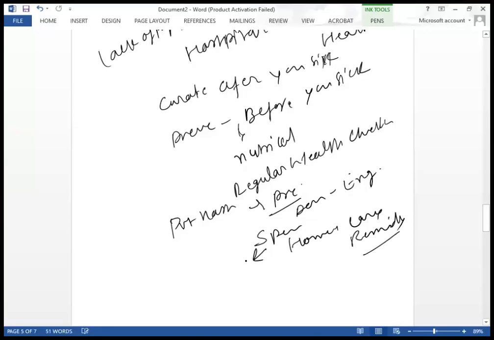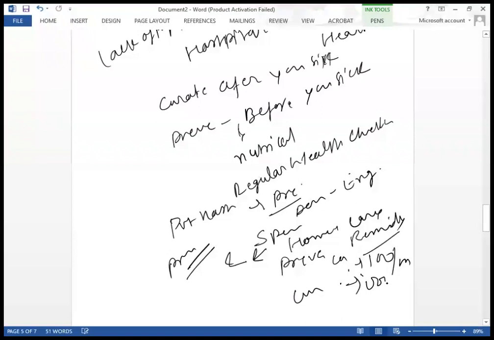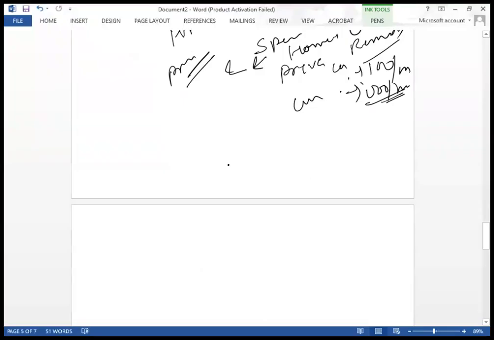So they are also part of this propaganda. There should not be preventive care, because if preventive care costs 100 per month, then curative care costs approximately 1000 per month. This is the difference. Then why are we dependent on, why do we go to, the private hospital? That's the point.